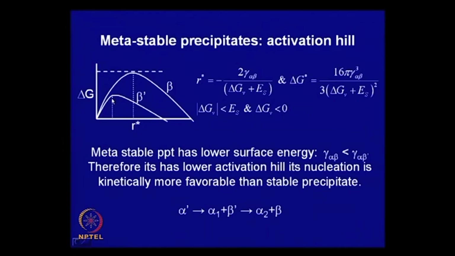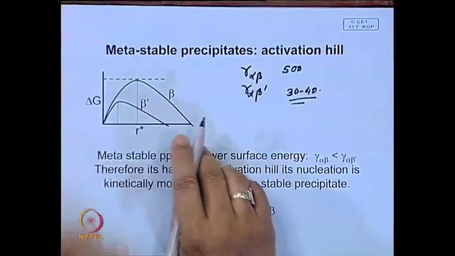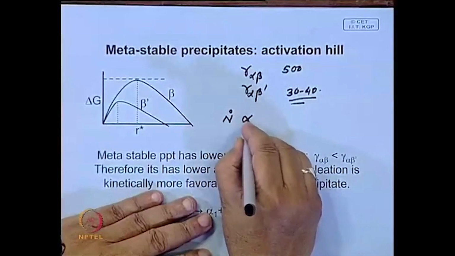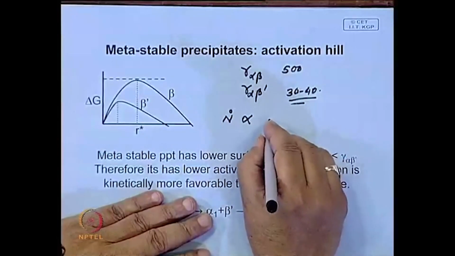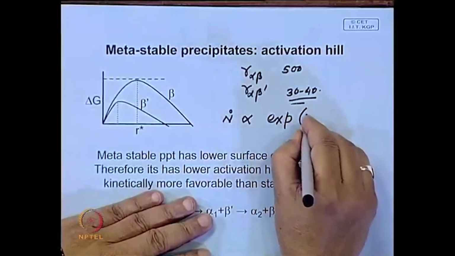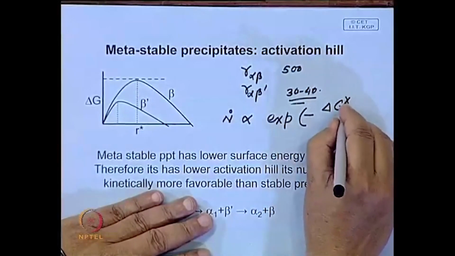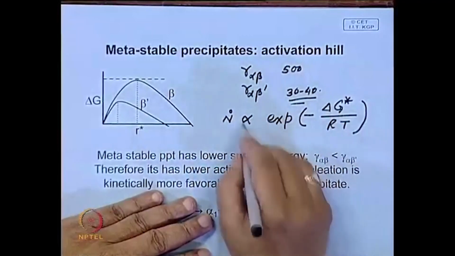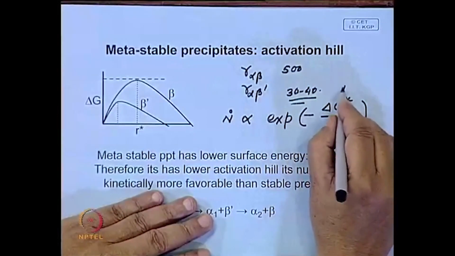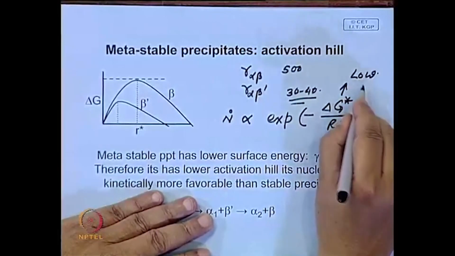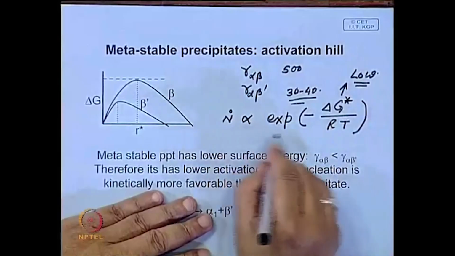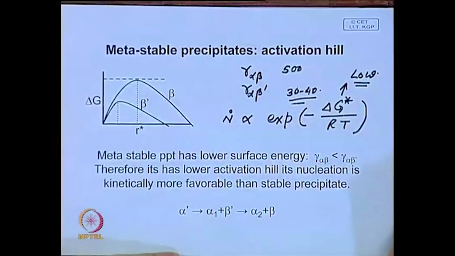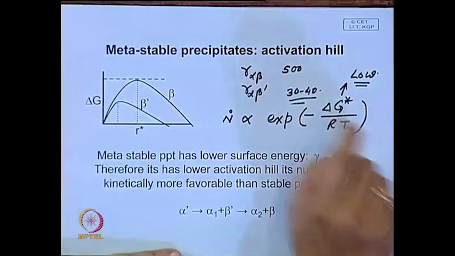Therefore, it will be kinetically favorable, because if you recollect, the rate of nucleation is proportional to the exponential of minus delta G star over R T. So the number of nuclei that form, if this is low, then you can easily see that you will have more nuclei, or the rate of nucleation will be high.